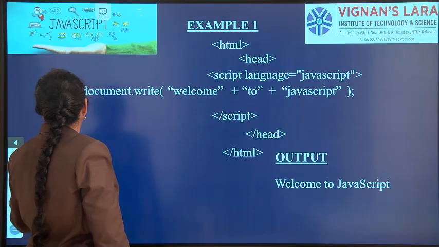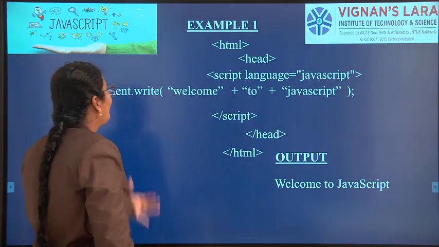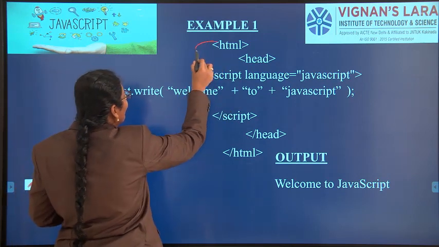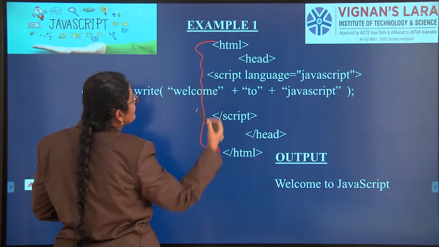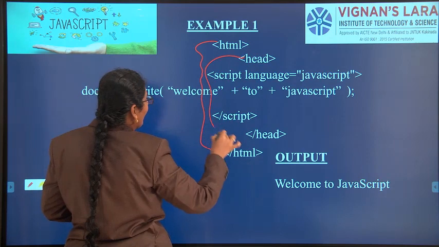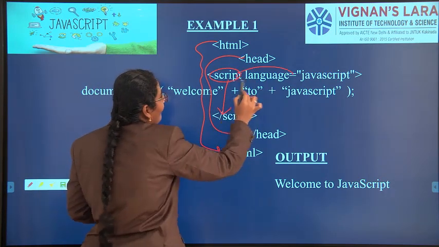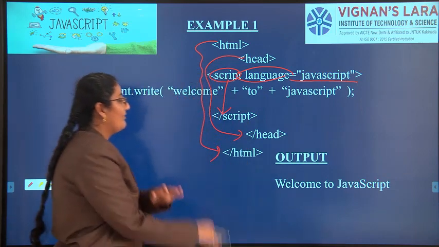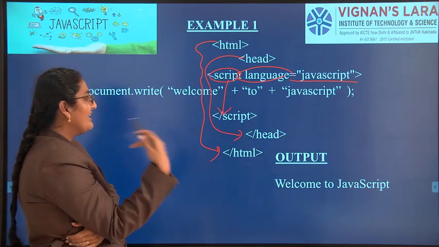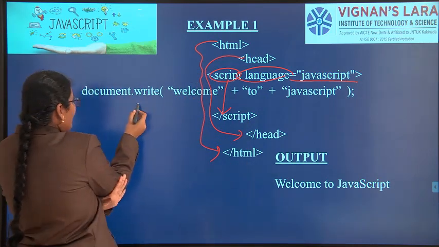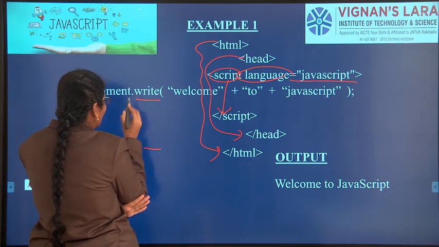So we'll see an example. First, HTML open, HTML close, head open, head close, script open, script close. Script language is JavaScript. These are very common from now onwards in any program. Here I have used only the write method.